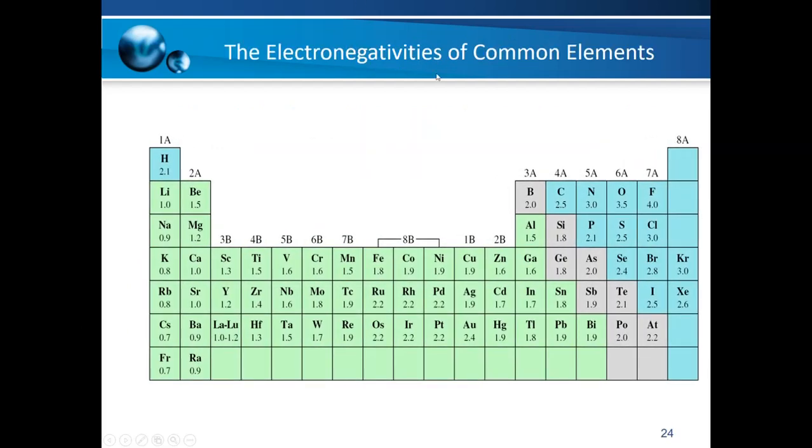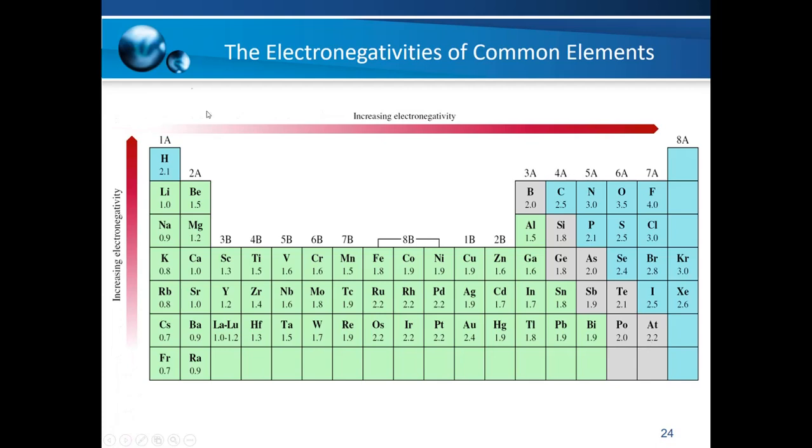So the electronegativity of common elements. Here should be the region of electropositive. Here is a region, normally the halogen group, electronegative. So here the electronegativity increases when we go across the period from left to right.